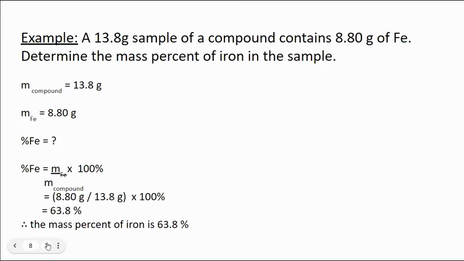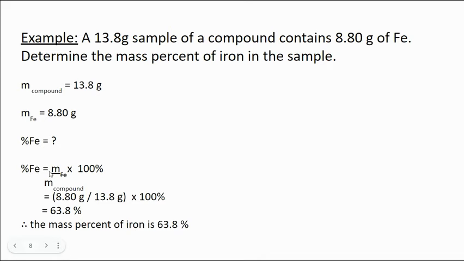Determine the mass percent of iron in the sample. Here's the mass of my compound. I've just left it as compound because I don't know what else it's made of. I've written the mass of the particular element I'm trying to find, iron, and then I want to find percent iron.